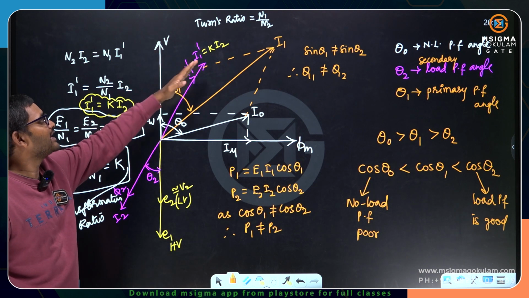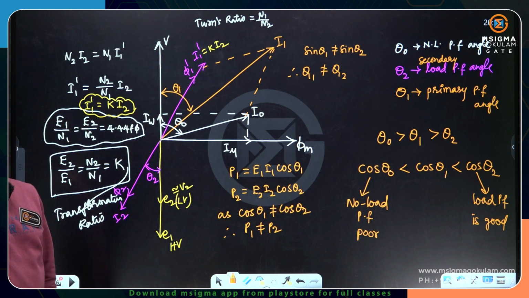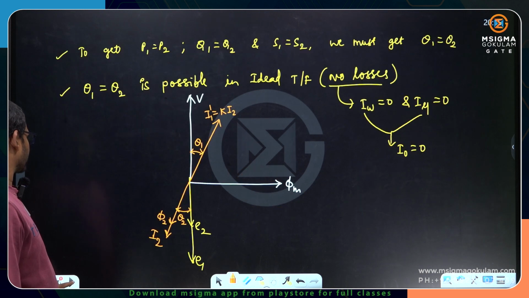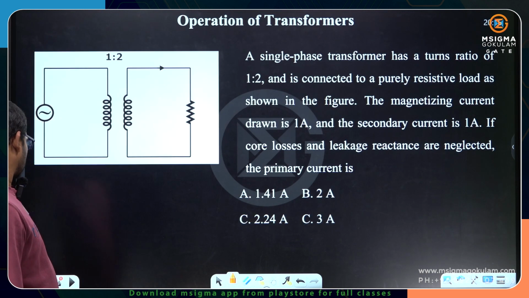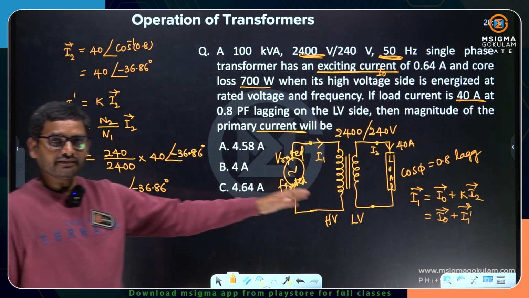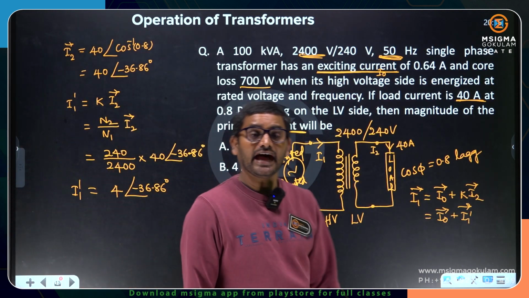So with respect to V, I1 dash lags by 36.86 degrees. Now I have calculated I1 dash, then I need to calculate I0.